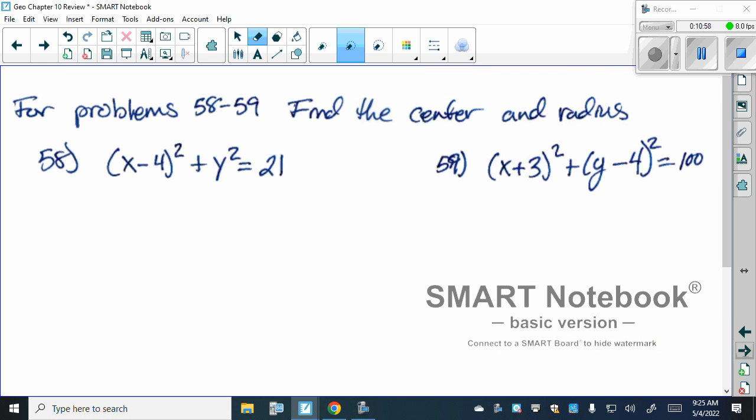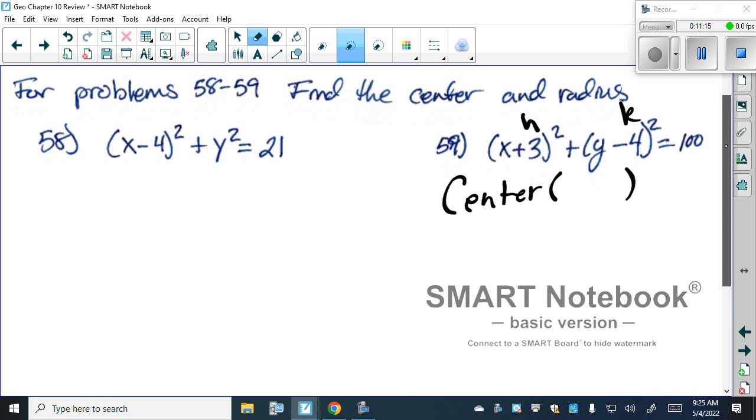Questions on 58 or 59? Okay, so the center is our h comma k, yes? And this here is where our h comes from, and this is where our k comes from.